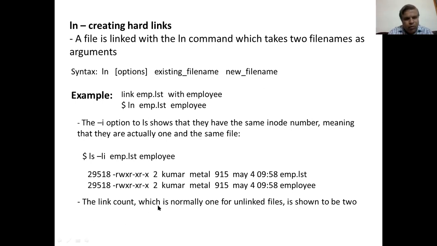The link count, which is normally 1 for unlinked files, is shown to be 2. You observe the output here. Now the link count is increased to 2. So a file with link count more than 1 has other names.